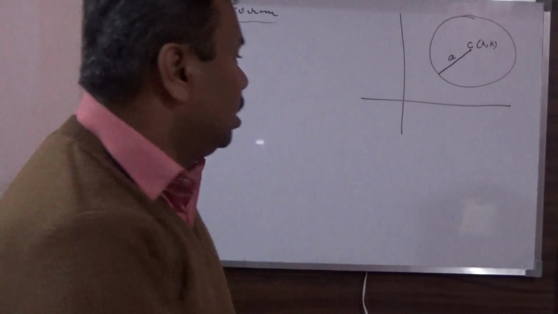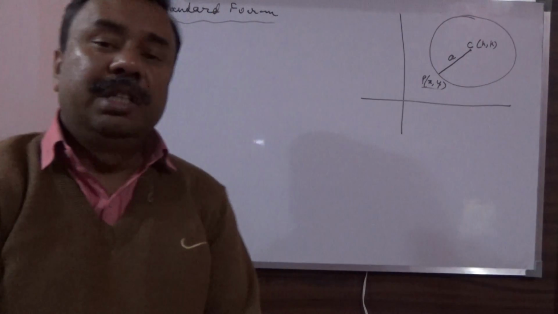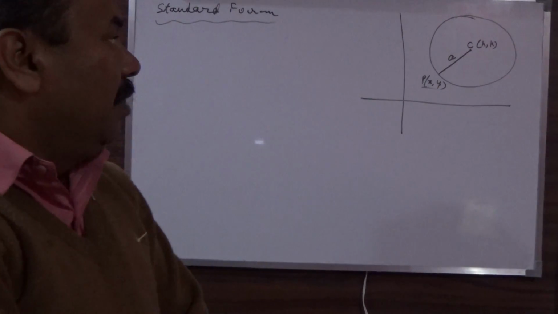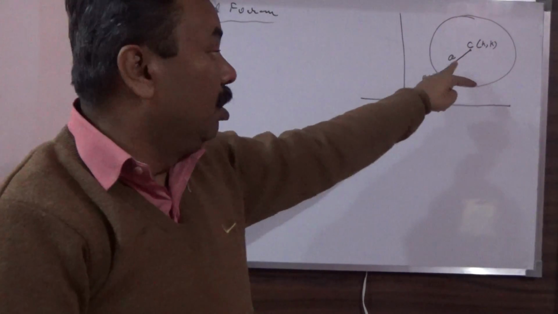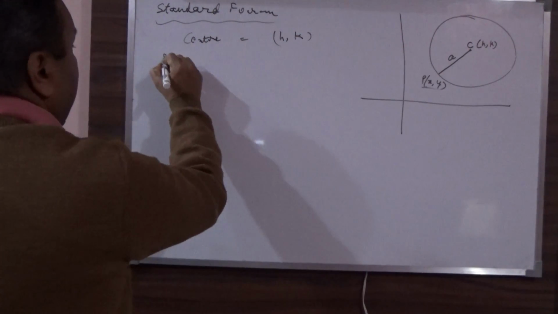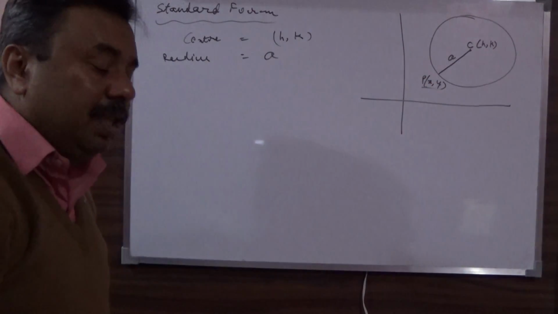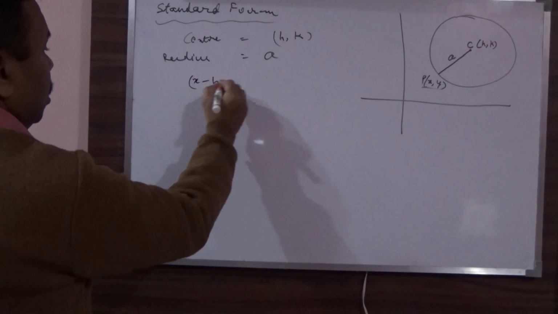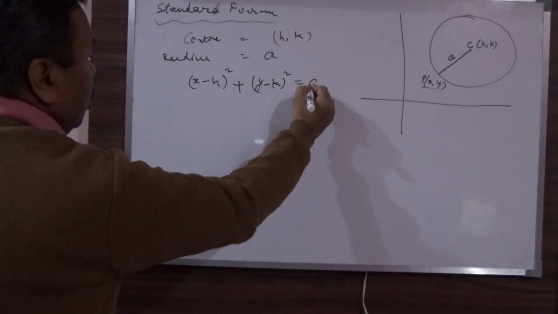From any point, I am taking a random point P whose coordinates are X and Y, and I have to find out the relationship between this X and Y. I can use the distance formula, because the distance of any point from the center will be equal to the radius, A. So in this case, the center is HK and the radius is equal to A. Let there be any other point P, then using the distance formula I can say that X minus H whole square plus Y minus K whole square will be equal to A square.